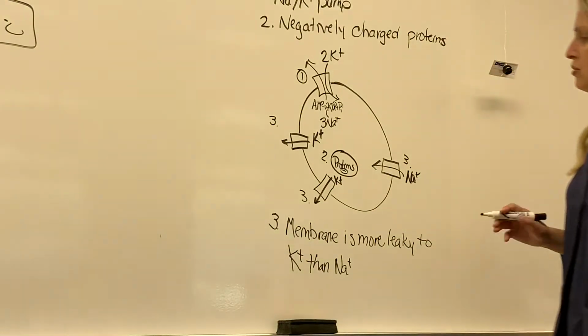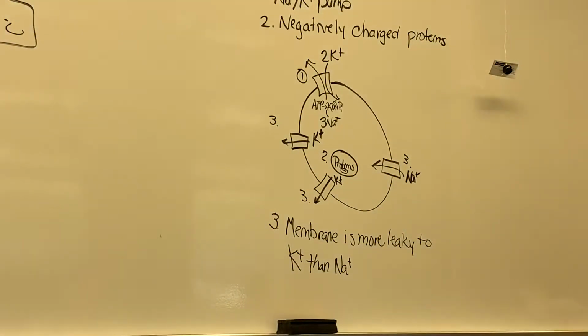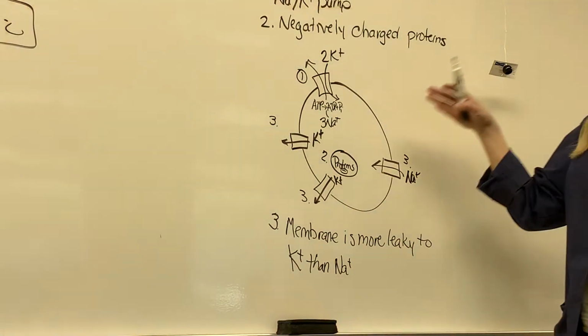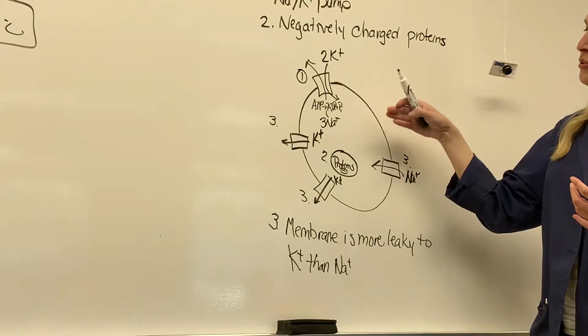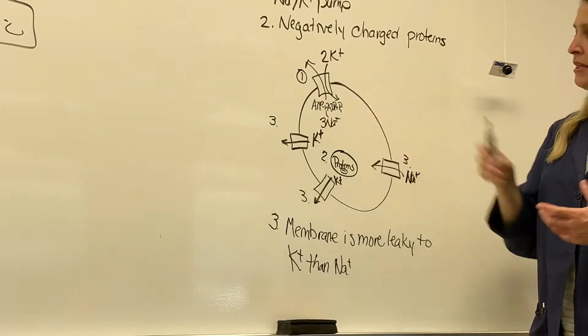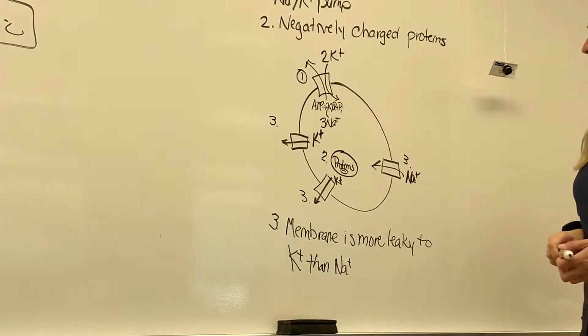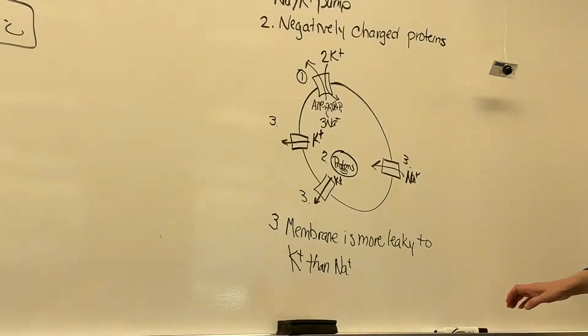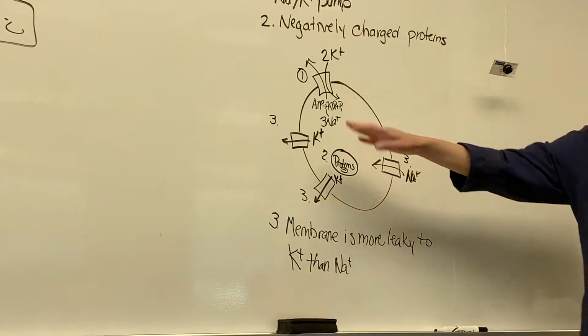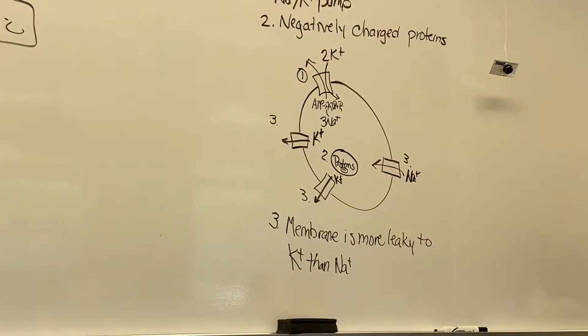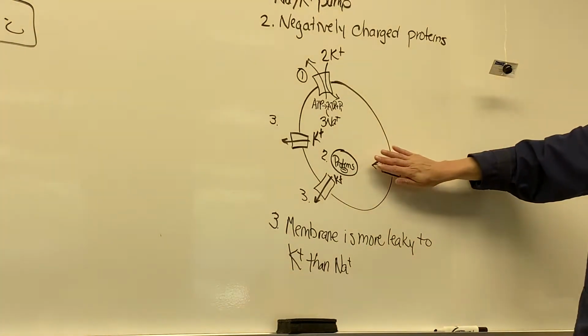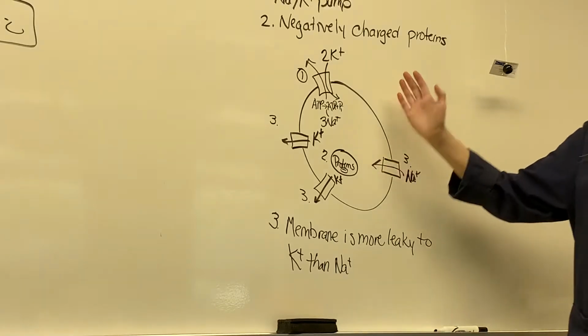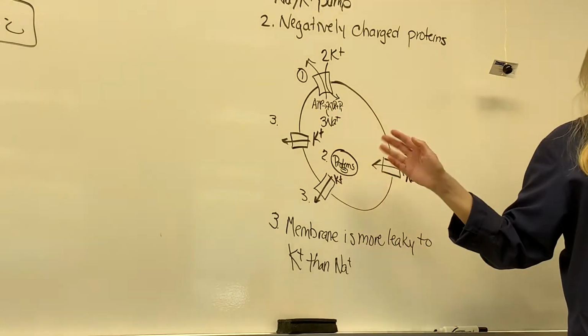Okay, so these are the 3 variables. First of all, our sodium potassium pump establishes the high sodium outside, high potassium inside the cell. Now, the fact that we have these leakage channels: if the membrane were only leaky to potassium, we would lose a lot of positive charges.